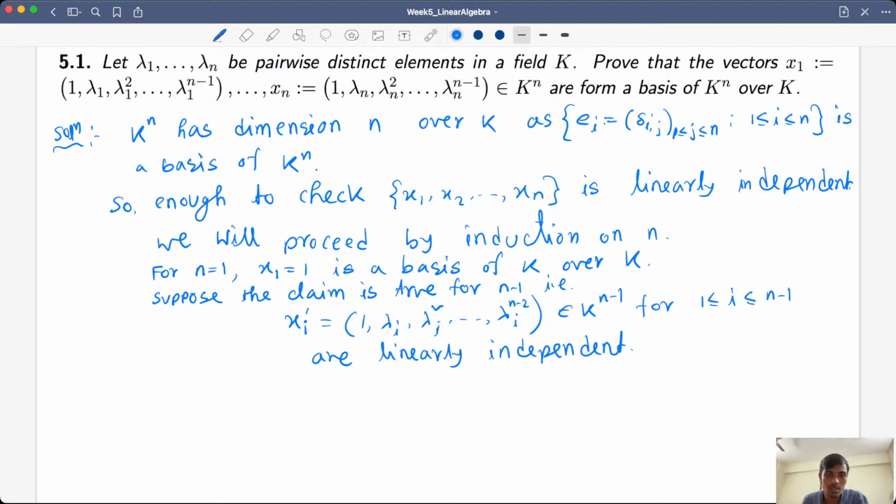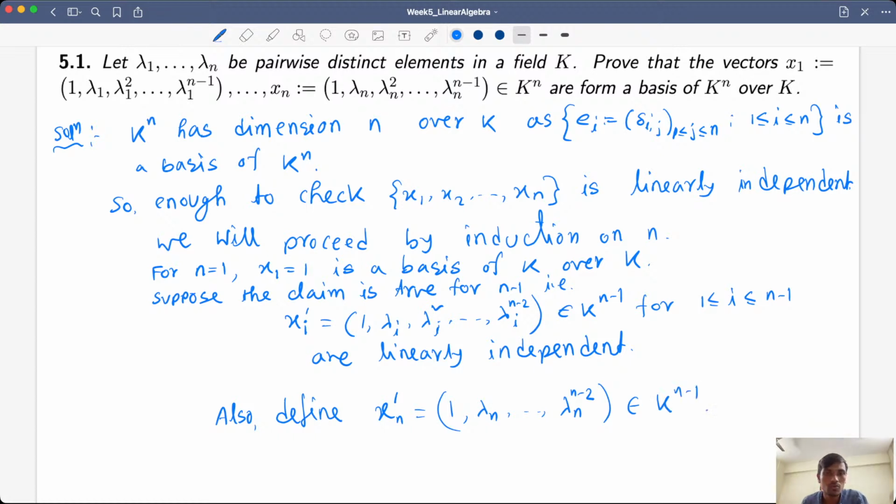And for i equal to n, I can also define, because I have lambda 1, lambda 2, up to lambda n, so for lambda n I can also define xn prime equal to 1, lambda n, up to lambda n to the power n minus 2, which belongs to k^(n-1).